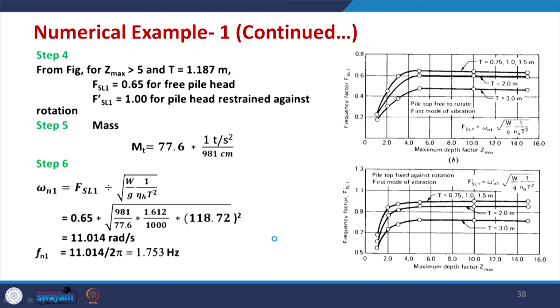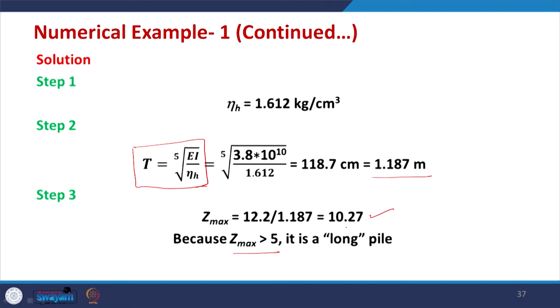But before that, let us find the maximum displacement at the pile head. For that we do the dynamic analysis. For the dynamic analysis, 2 cases are considered: one case when the pile top is free to rotate, another case when the pile top is fixed against rotation. These charts are given. Because the value of T is 1.187 meter, we need to use the first curve, that is T equal to 0.75, the first top curve. From this top curve, Z max you find is 10.27.